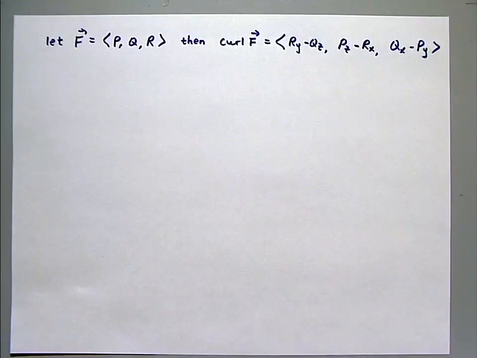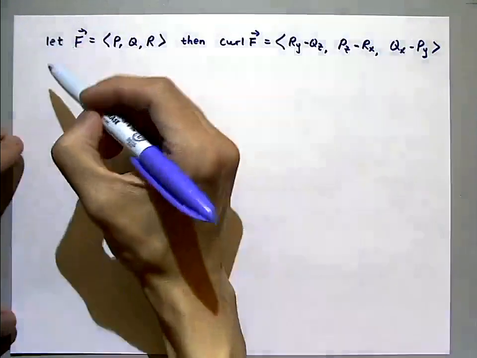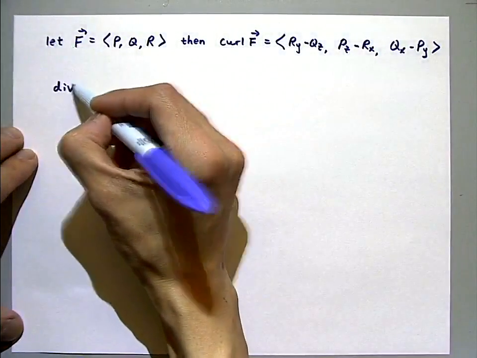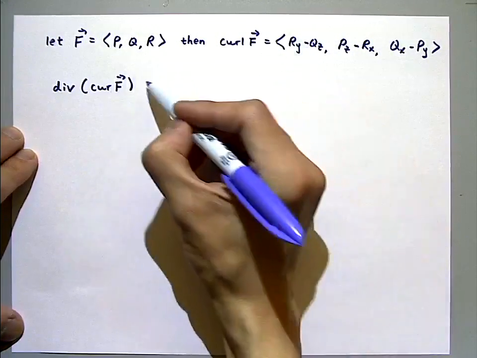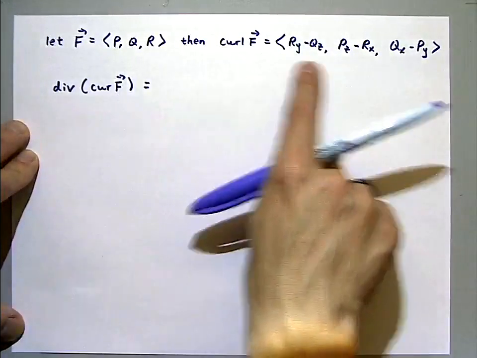So the curl of F, whatever F is, turns out to be that. Let's take the divergence of this thing.